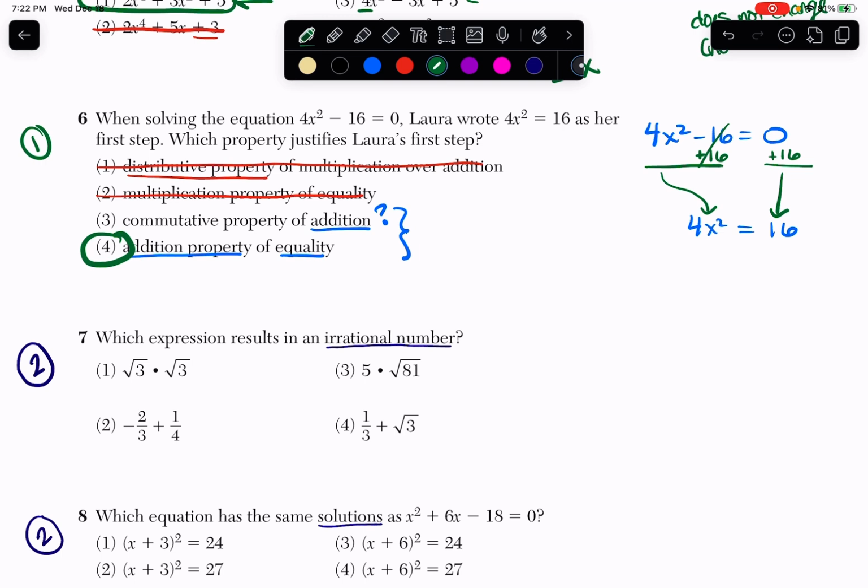If it was the commutative property of addition, that would be when you're switching the position of things that are on the same side. So the commutative property is things like A plus B is the same as B plus A, which we did not need to do here. But if you're at least guessing between answer choices 3 and 4, then you're in good shape.